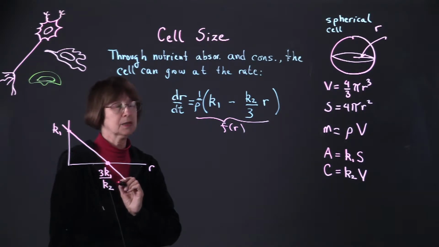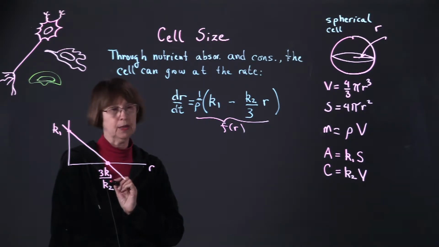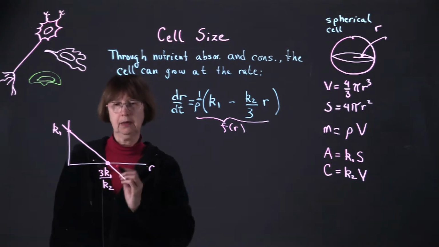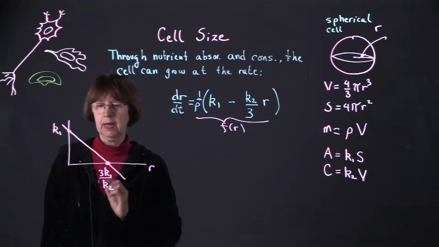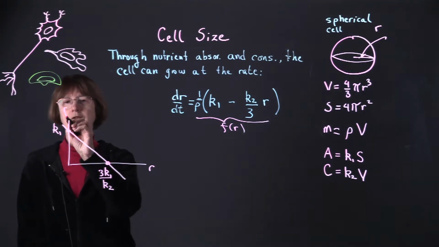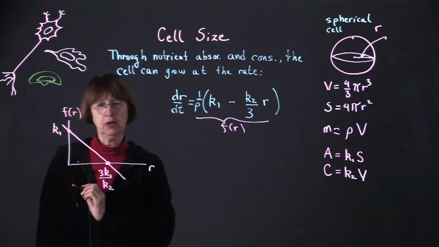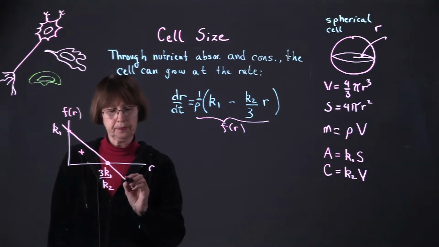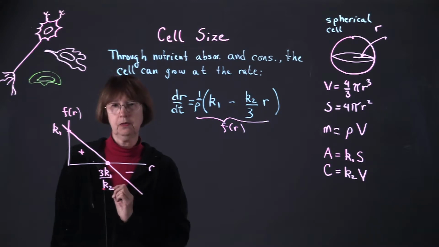Now when we ask what happens when these do not match, we see that the radius of the cell can change, and now we can analyze how it changes. Now on this graph, we see that the function f of r, which is that rate of change of the radius, is positive throughout this interval and negative over here.